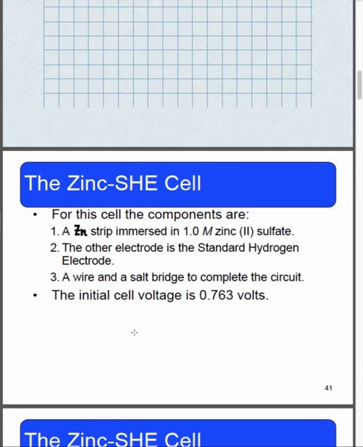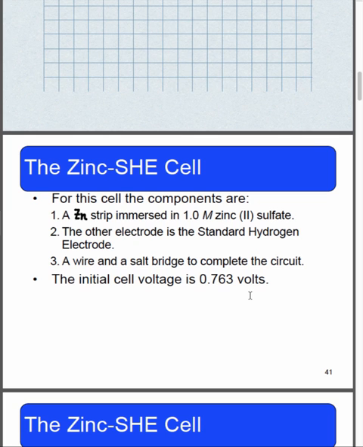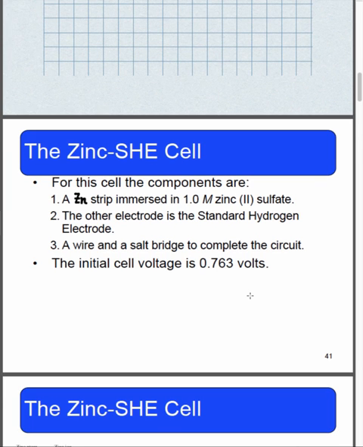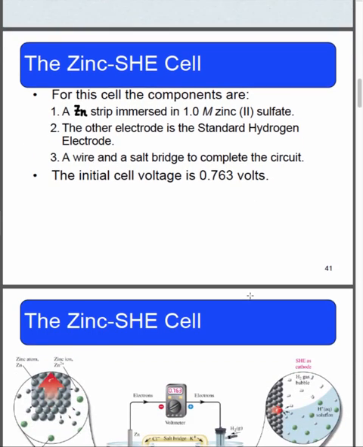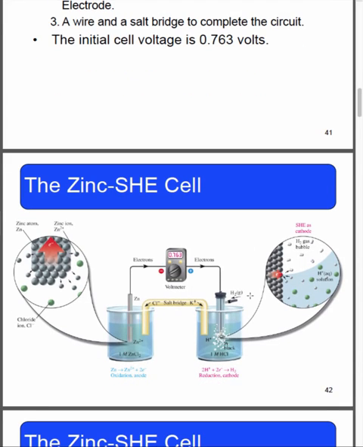So I put a zinc strip into some zinc, 1 molar zinc sulfate. Sulfate's pretty inert. It's going to sit there. And I put the other electrode, the other half cell, as the hydrogen electrode with hydrogen gas and hydrogen ion.